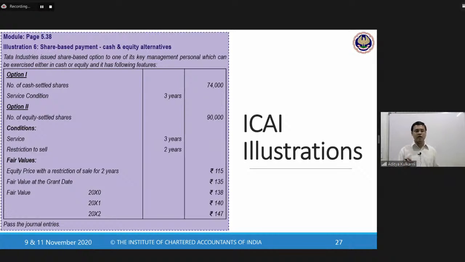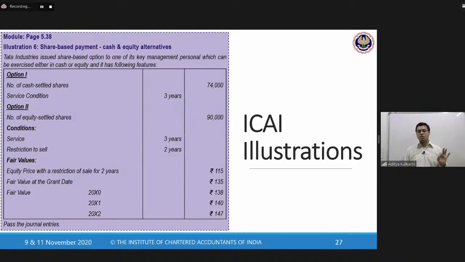Now, fair value at the grant date is 135. This is the fair value of the cash settled without restrictions. Why without restrictions? Because you are getting cash. In the first case, you are getting shares with a restriction, therefore the fair value is less. When you get cash, you can use it as you want. So fair value at the grant date, 135, becomes the fair value to be used for the cash settled transaction, very much like the normal SAR that we do.